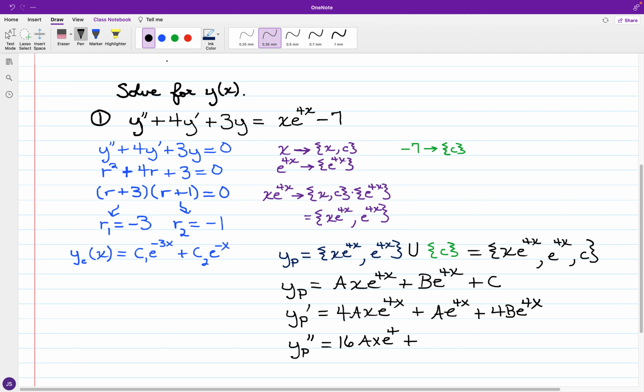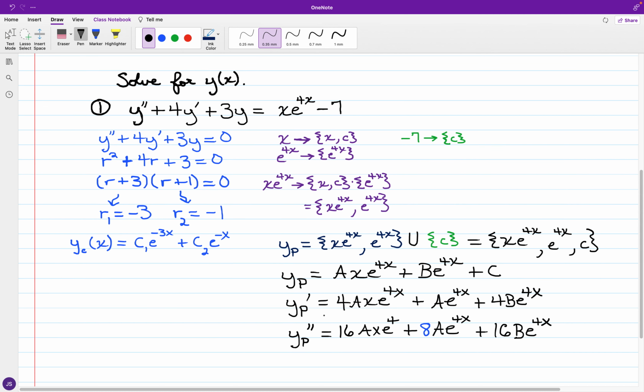I'm just going to use blue to indicate that we have combined like terms together. Then for 4be to the 4x, taking the derivative, this is going to become 16be to the 4x.